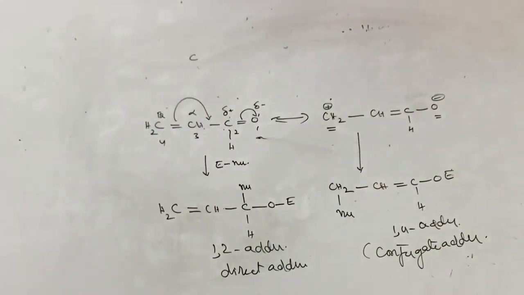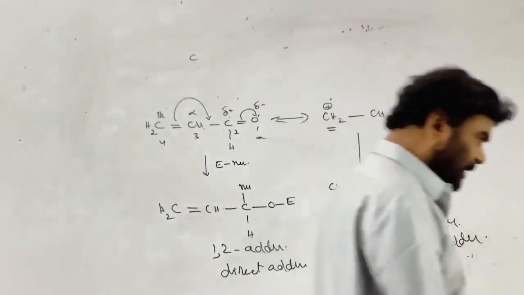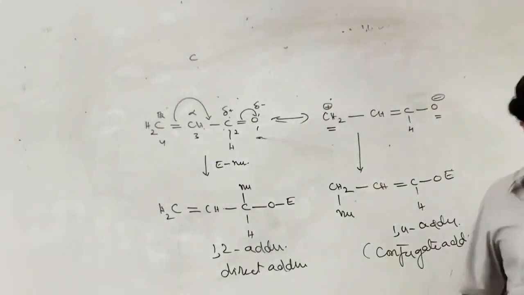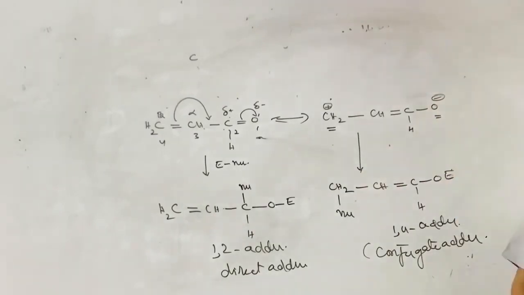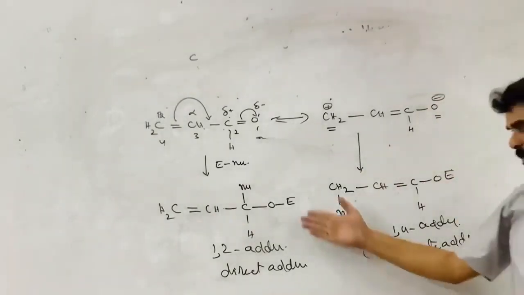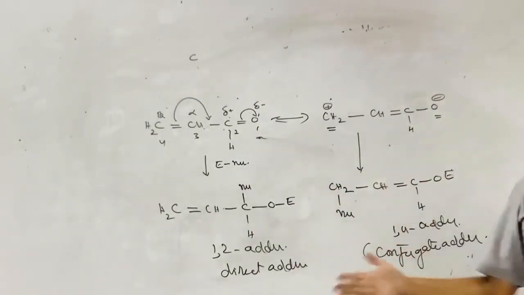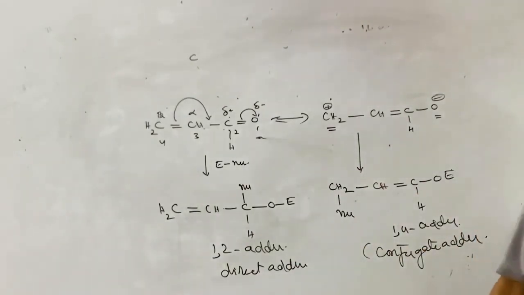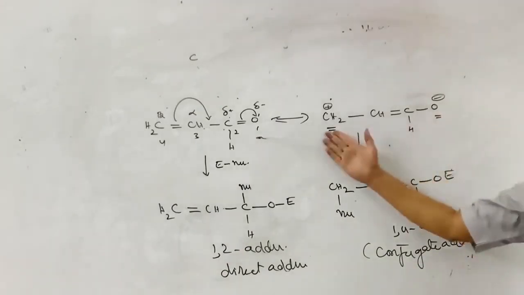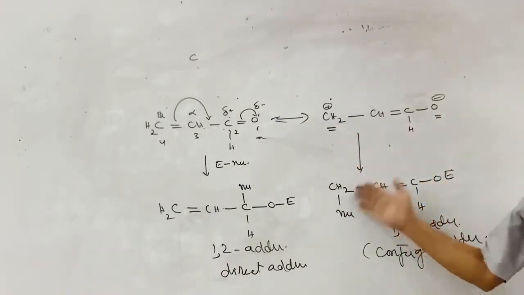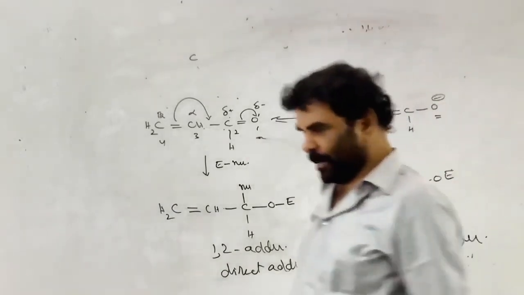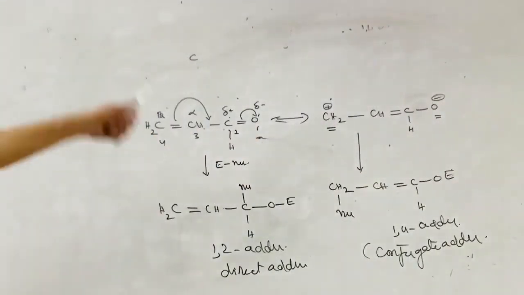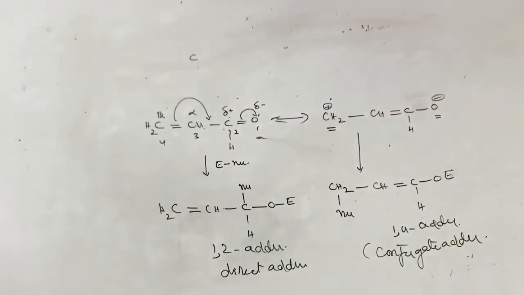So if it is an alpha beta unsaturated carbonyl compound, the addition takes place as 1,2 addition, a direct addition where only the carbonyl is involved without disturbing the carbon-carbon double bond, or the carbon-carbon double bond may be involved. Ultimately it will not disturb the carbonyl group due to tautomerism. That is called 1,4 addition.